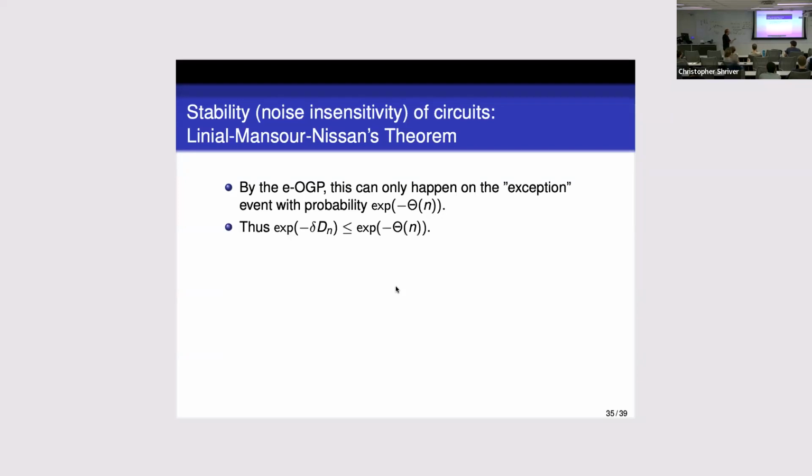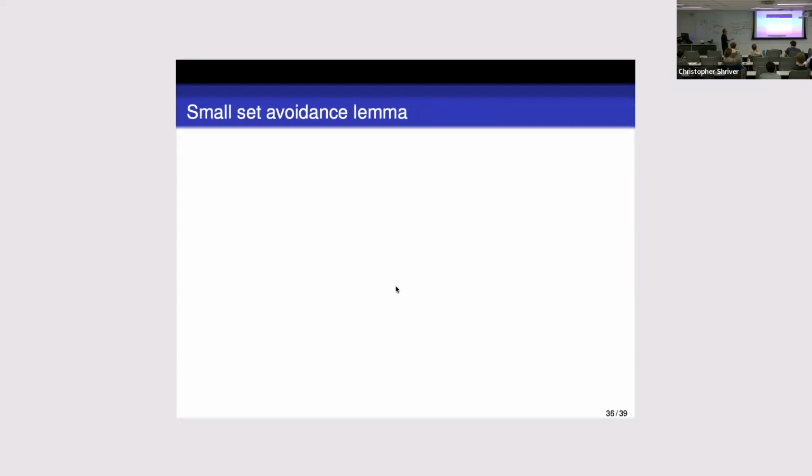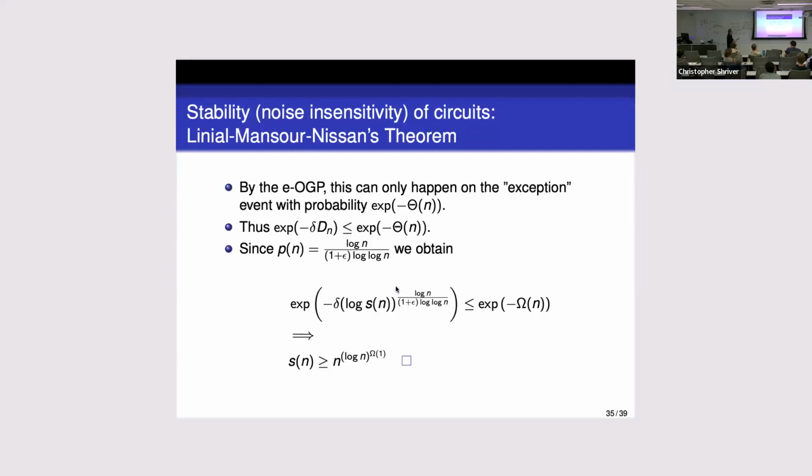That means that this bound on the stability of this path should be smaller than the exception probability of the OGP. Okay. And then the rest is just algebra. Plug in the numbers.